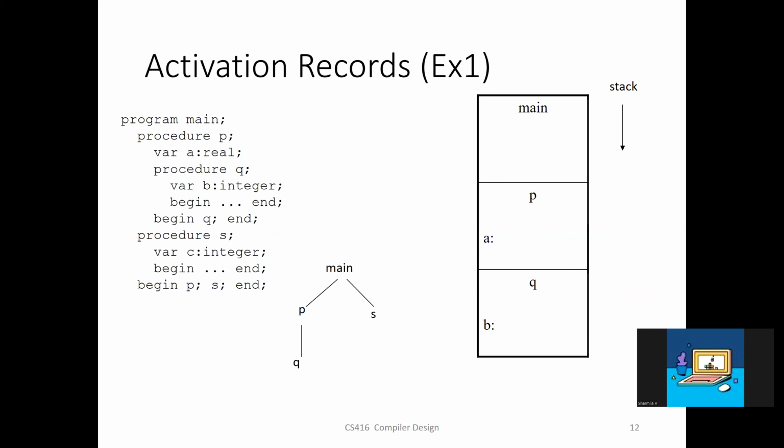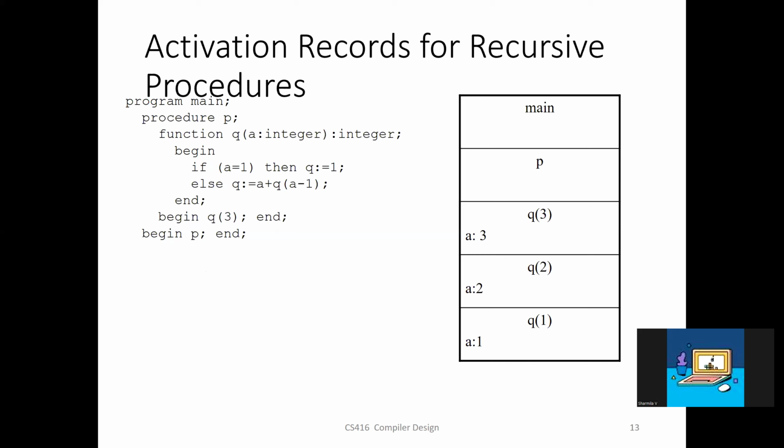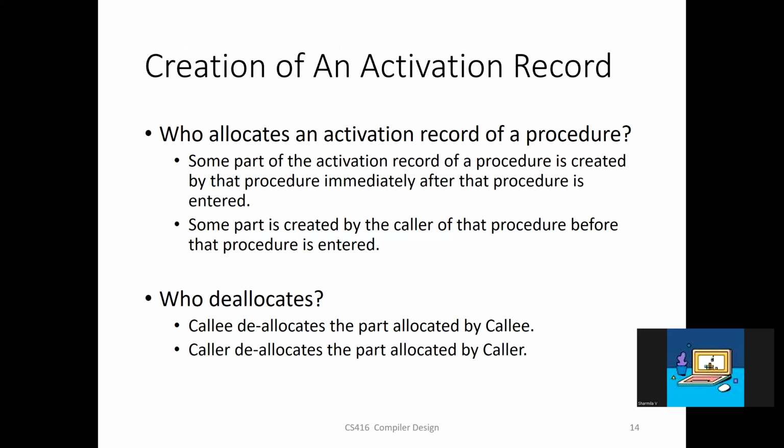They have given an example of how the stack is executed for procedures P and Q, and how a recursive procedure call happens in Q1, Q2, Q3, with the activation record creation. Who allocates the entire activation record of a procedure, and who deallocates it? The callee deallocates the part allocated by the callee, and the caller deallocates the part allocated by the caller.